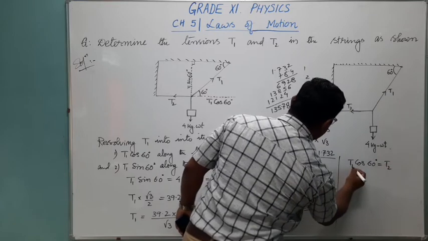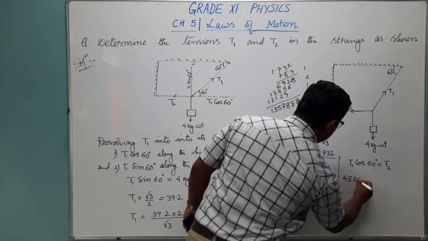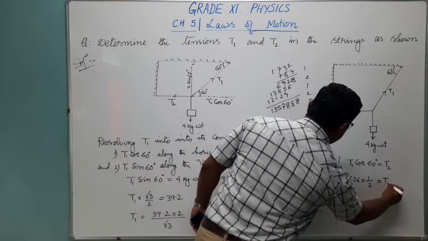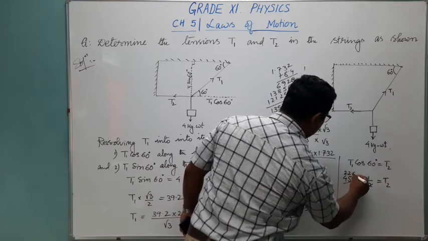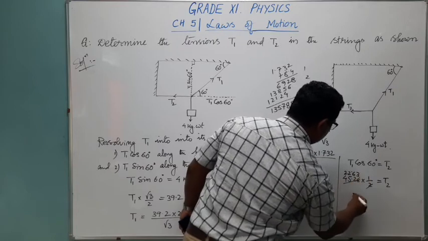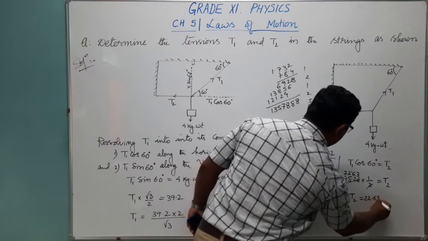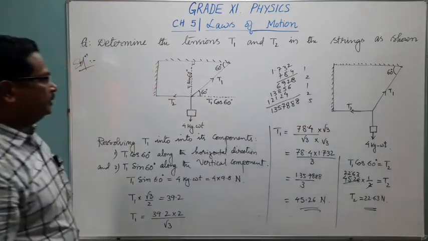T1 value you know, just now you found out 45.26. Cos 60 is 1 by 2, is equal to T2. 2 you can cancel. 2 2s are 4, 2 2s are 4, 2 6 are 12, 2 3s are 6. So T2, the tension, is 22.63 newtons. Like this you can calculate it.